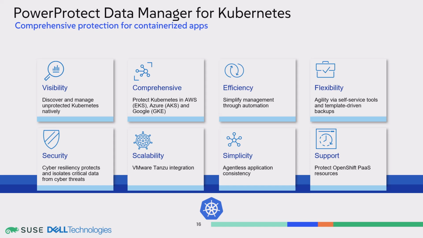Specific capabilities include discover and manage unprotected Kubernetes natively, protect all CNCF certified distributions of Kubernetes, protect Kubernetes in cloud with Data Manager in AWS, Azure, and Google Cloud, protect Kubernetes clusters in multi-cloud environments, protect OpenShift platform as a service resources, agentless application consistency for Cassandra, PostgreSQL, MySQL, and MongoDB.